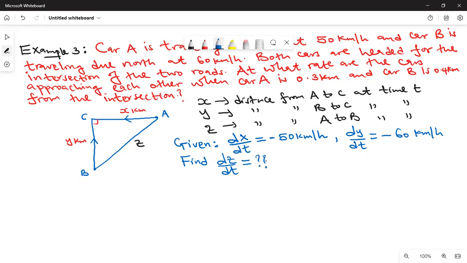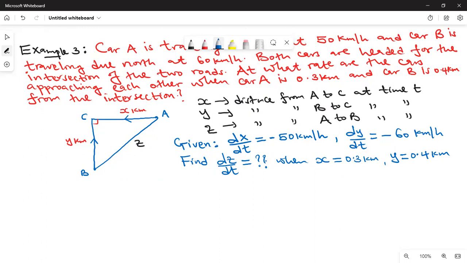When x, the distance from A to C, is 0.3 kilometer, and y is equal to 0.4 kilometer. So that is step one.